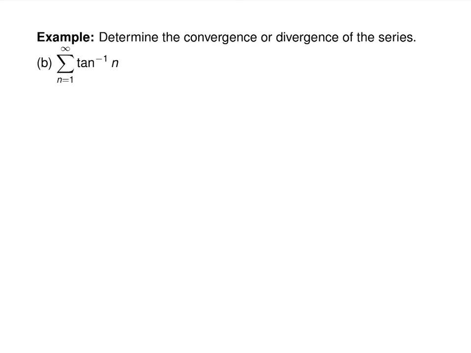Inverse tangent of n. Well, you think, how might I add that up? And if you can't figure it out, I would say try the test for divergence. So as n goes to infinity, limit as n goes to infinity of inverse tangent of n. So the picture of inverse tangent has asymptotes at negative pi halves and at positive pi halves.